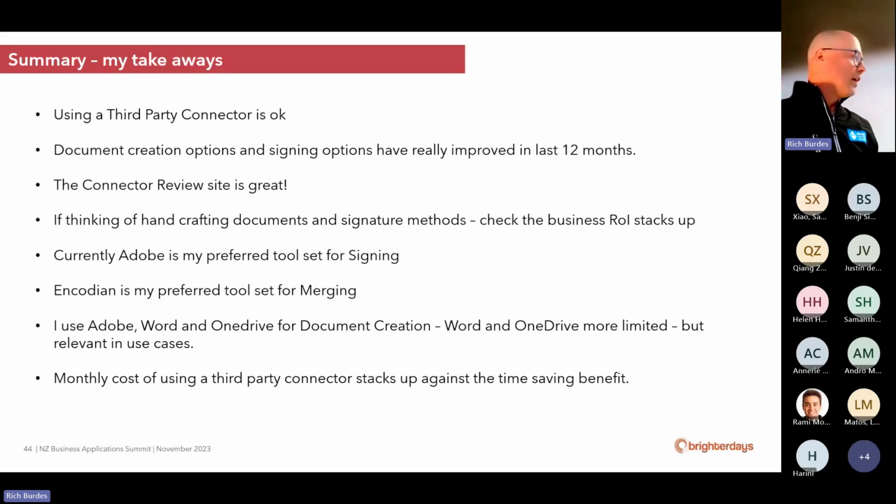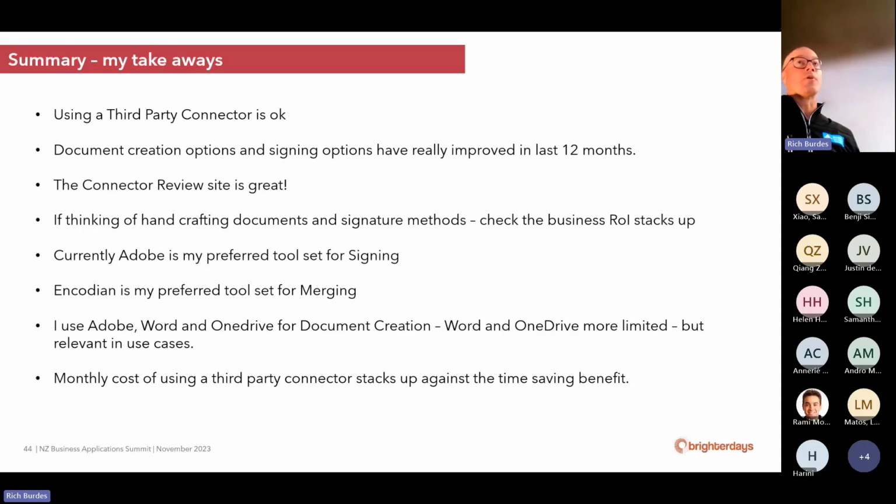Happy to show you. But the biggest takeaway out of all this is just have a think about the cost. A lot of people get twitchy about cost for a third party, but that cost is a benefit to your business. And when it's $30 a month, that's pretty good. If it's $3,000 per month, then you've got to make sure you do a lot of documents.